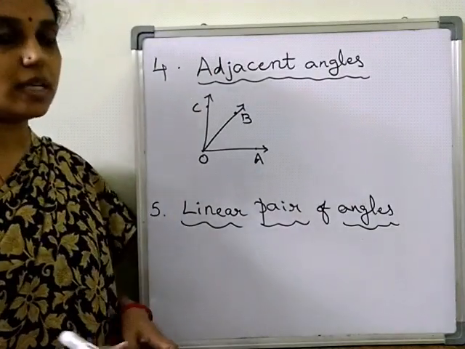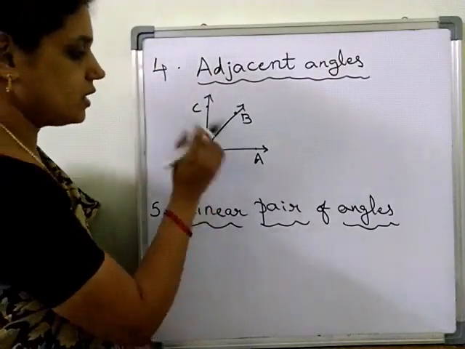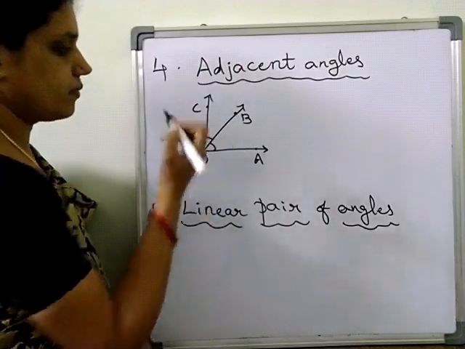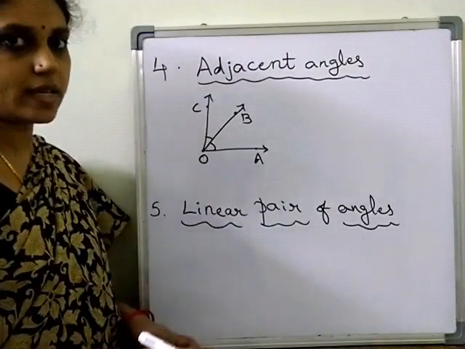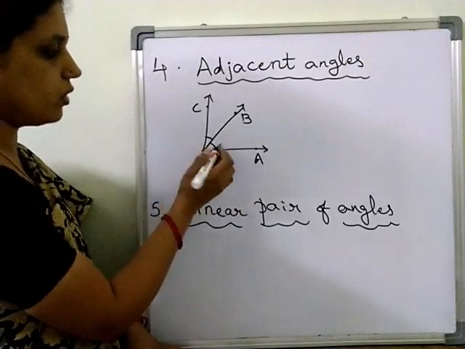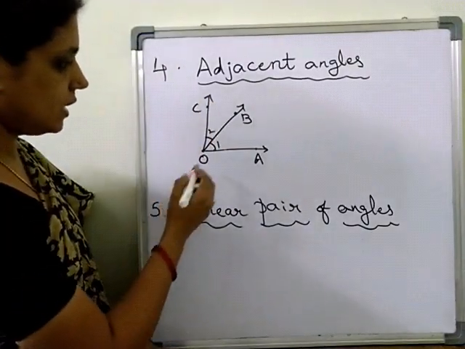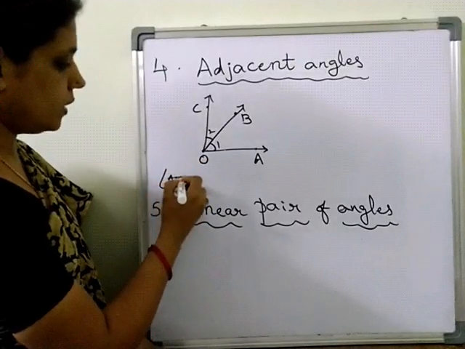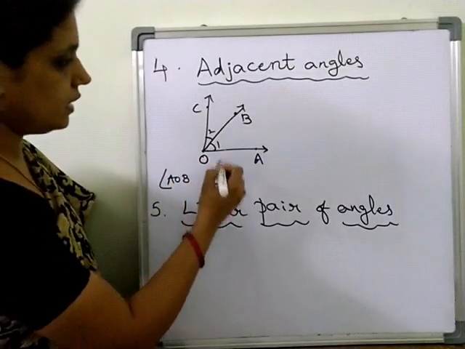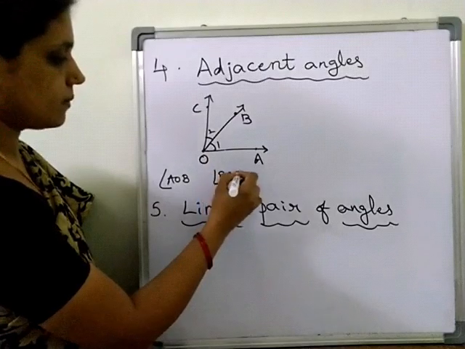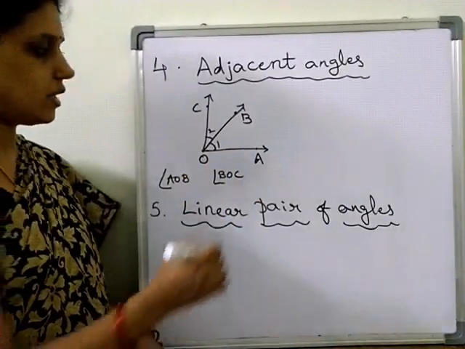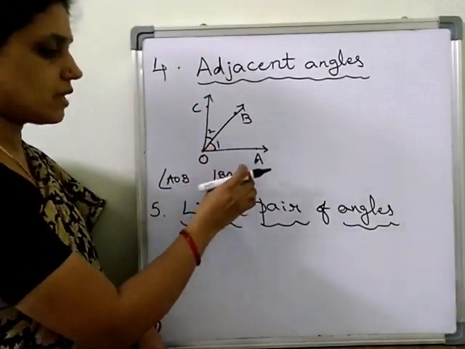So here you should be clear with that point. Here actually we have two angles. Both together we will get one more angle also, but we are talking now about these two angles, 1 and 2. So how can I name them? Angle AOB and angle BOC. These two angles.